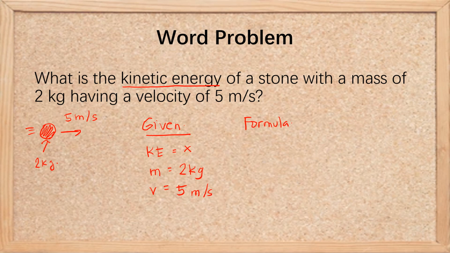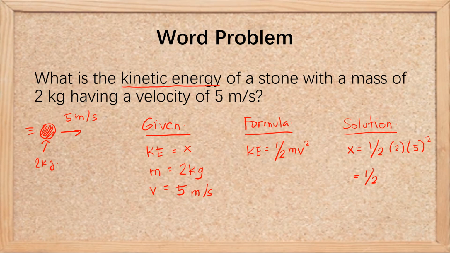We are going to use KE equals 1/2 mass times velocity squared. So our solution: the value of KE is x, the value of mass is 2, and the value of velocity is 5 squared. So that's 1/2.